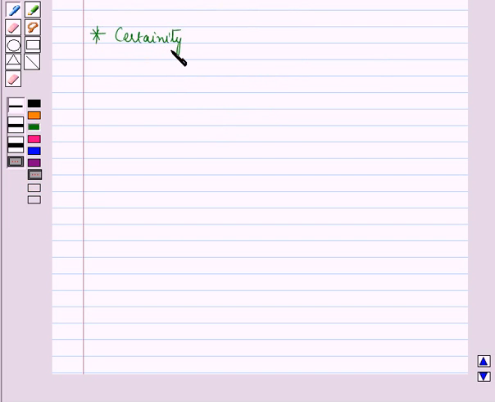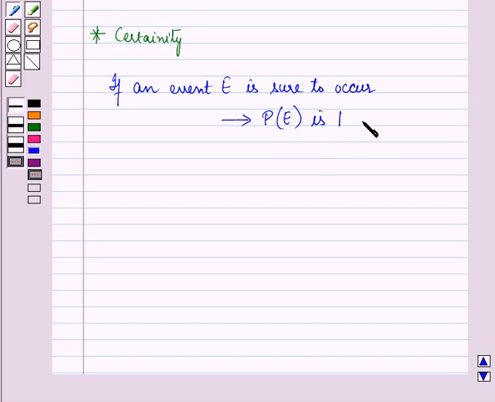Now let us discuss certainty of an event. Now, if an event E is sure to occur or certain to happen, then the probability of the event E, that is P of E, is 1 or 100%.